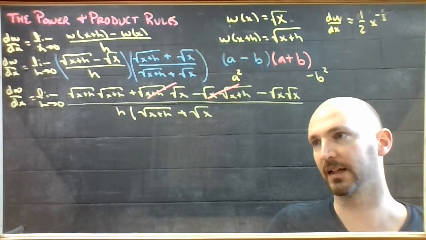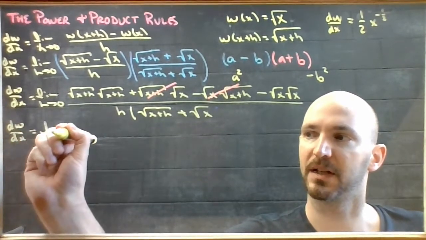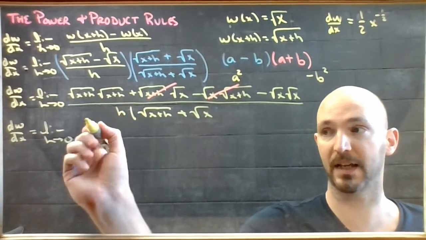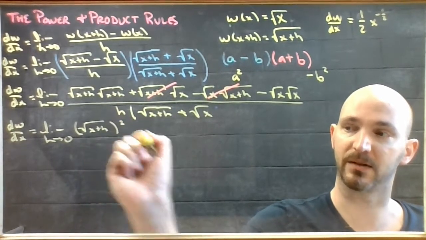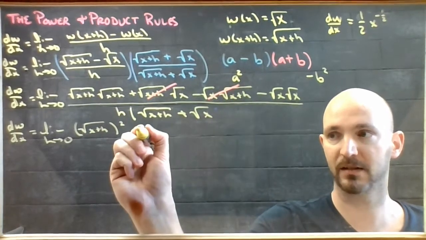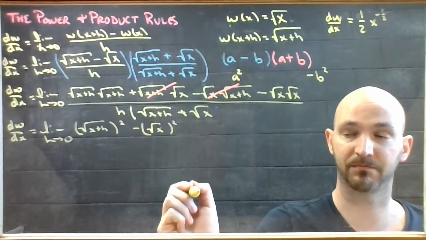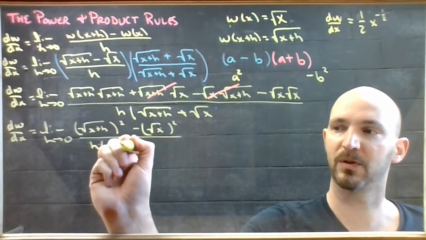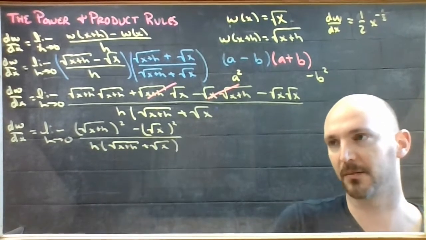So when I go to write the next line, dw by dx is the limit as h goes to 0. A root x plus h times a root x plus h is a root x plus h squared. That's all gone. That's all gone. Subtract a root x multiplied by itself, over h times root x plus h plus root x in the denominator.